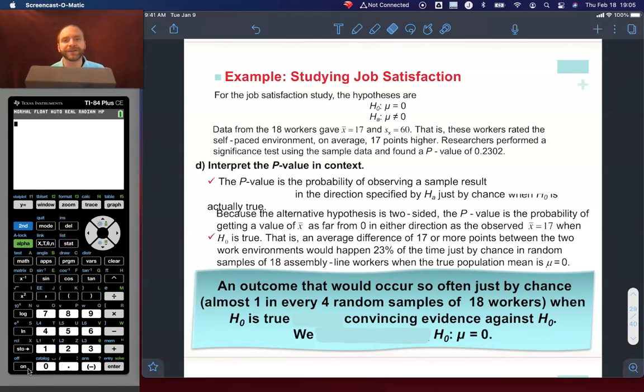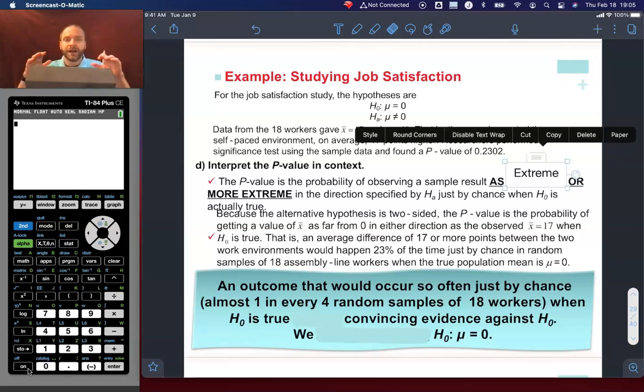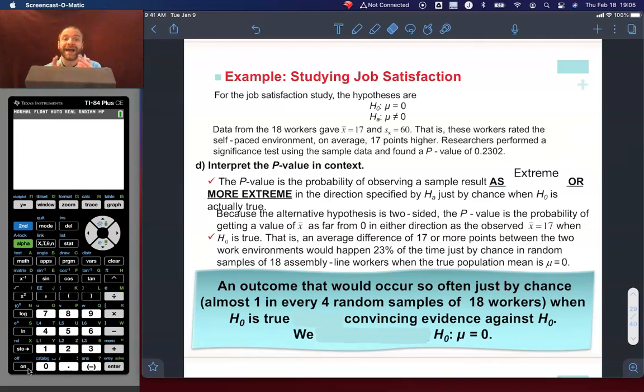Oh, look at that. There is a part D in this job satisfaction one. It is interpreting the p-value in context. So the p-value is the probability of observing a sample result as extreme or more extreme in the direction specified by our alternative hypothesis when what the claim was, the null hypothesis, was true.